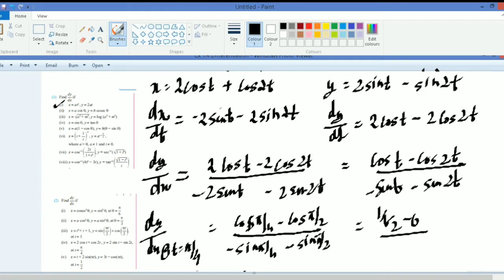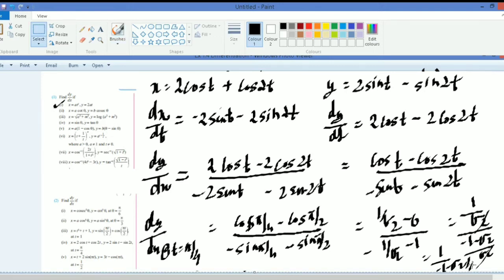Sin pi by 4 is 1 upon root 2, minus sin 90 is 1. So you will get 1 upon root 2 upon minus 1 upon root 2 minus 1, and the root 2 will get cancelled. The answer will be 1 upon minus 1 minus root 2. Please check this answer once. So that's how this question needs to be done.